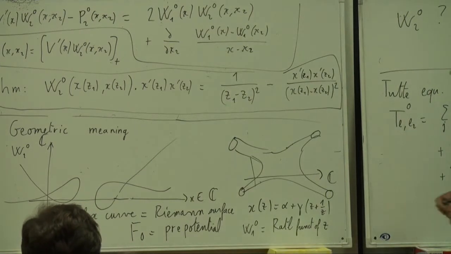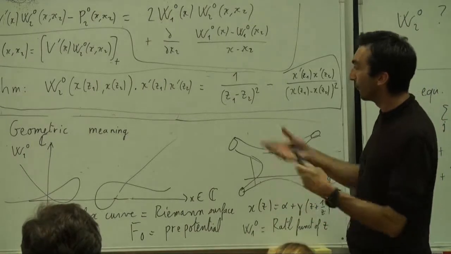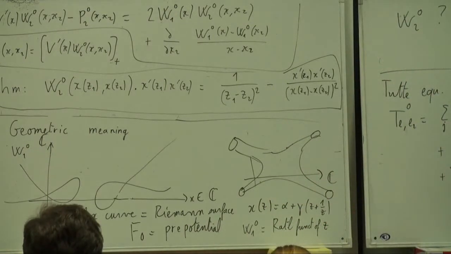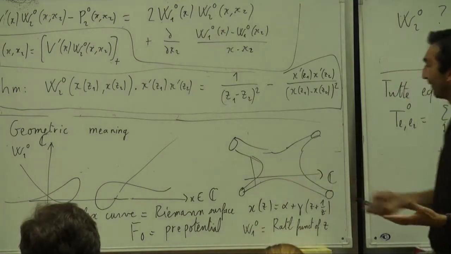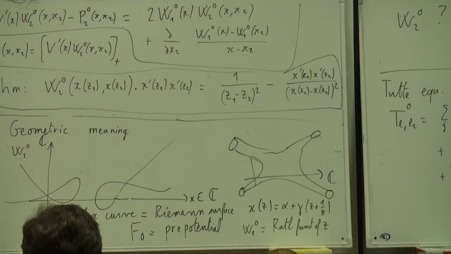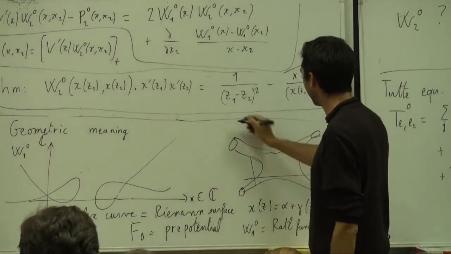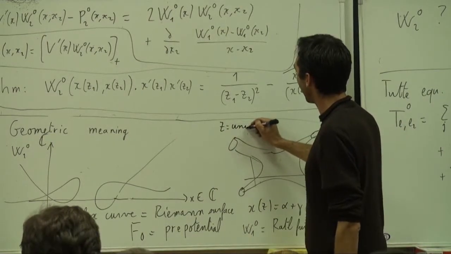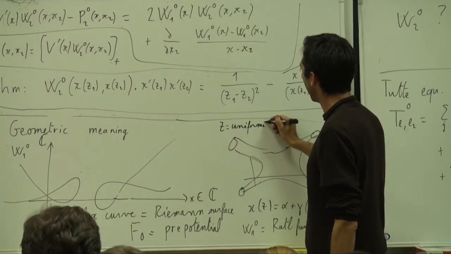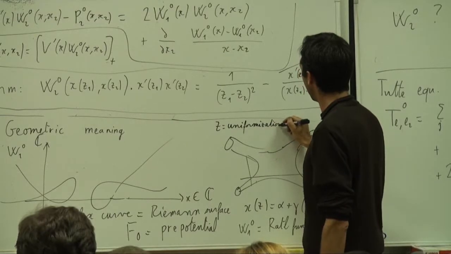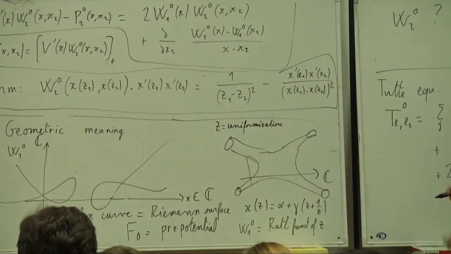And so what this means is that somehow z is the good variable of the problem, or it's the uniformization variable. So this Riemann surface is uniformized by the variable z. z is the uniformization of this Riemann surface.